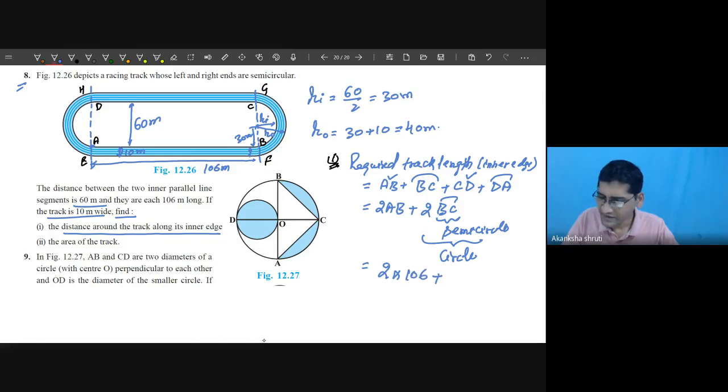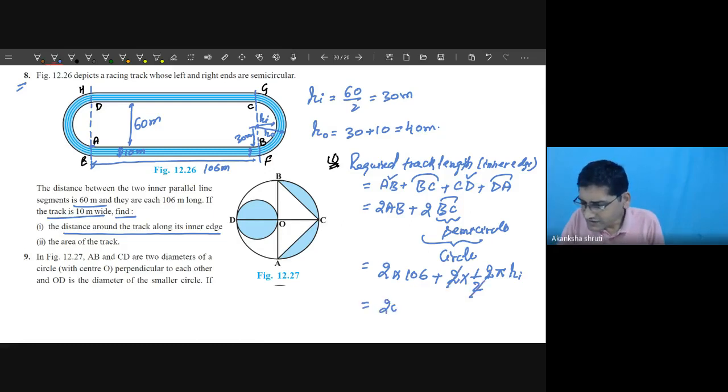plus, if you wish you may put this once again, twice of half of pi r square. No, 2 pi r student, because the boundary is ours. So twice of pi into ri, because inner boundary is here. So this we shall take.